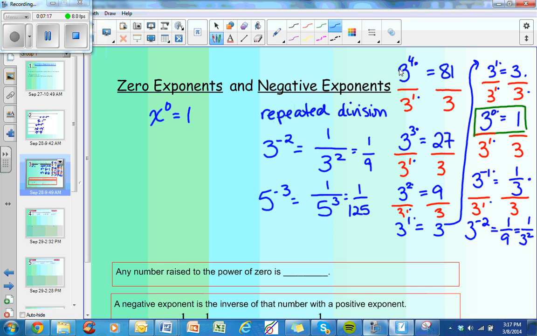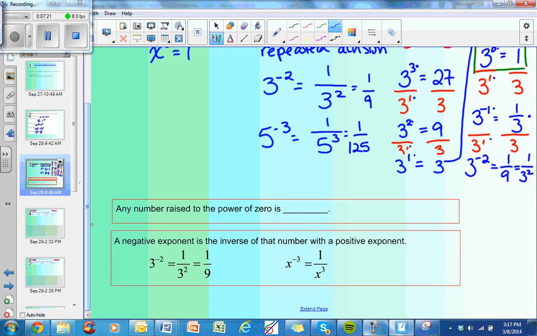So I have a place to put in some rules down here. And on your handout, you can just copy these two right here. Any number raised to the power of 0 is going to be 1. And a negative exponent is the inverse of that number with a positive exponent.